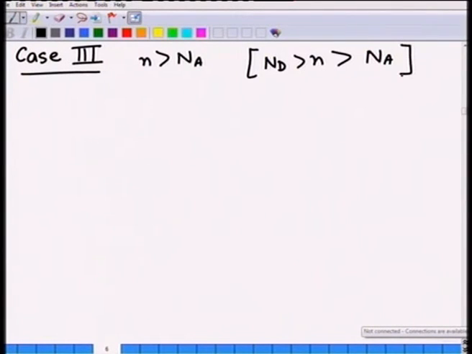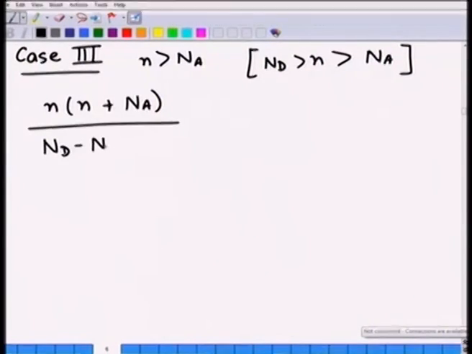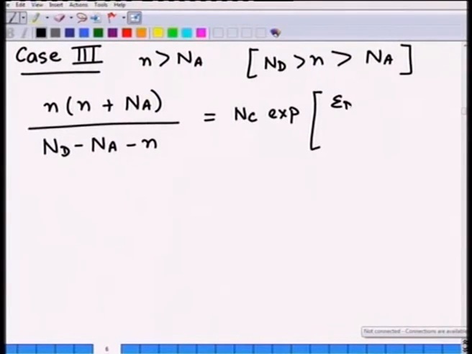If that is the case, again let us go back to our expression: N plus Na divided by Nd minus Na minus N equals Nc e to the power Ed minus Ec by kBT.